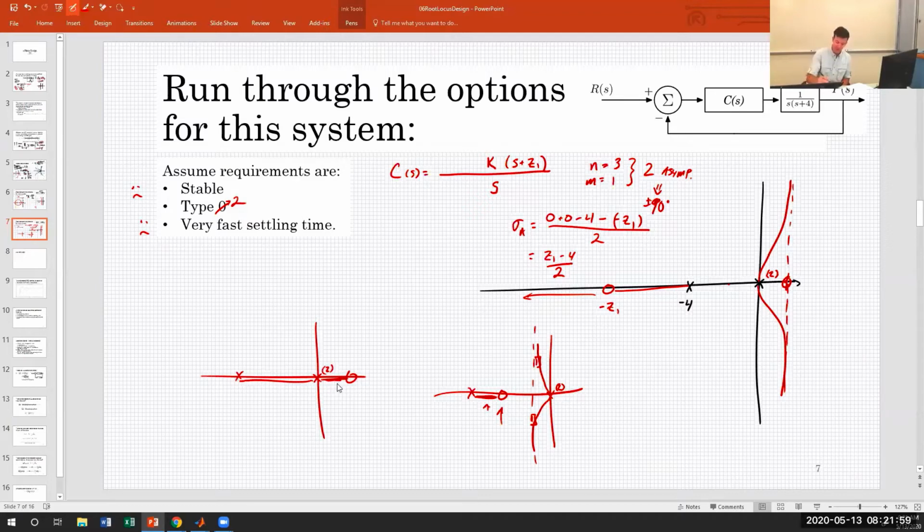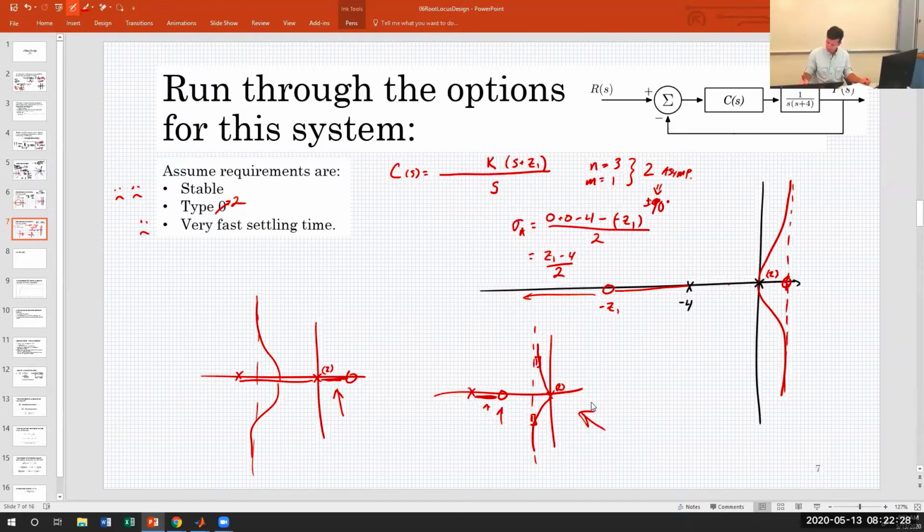So I think that a single zero with an integrator, you could stabilize the system, but you would not get fast settling time. So I think out of all three options, this was the best because it was stable, but it's not actually any better than our proportional controller was. So let me try one more time.